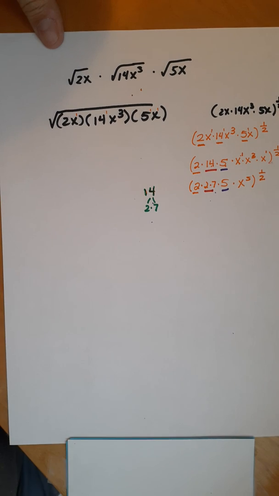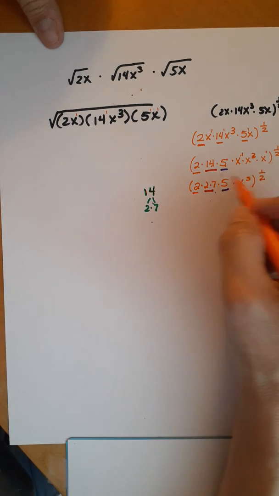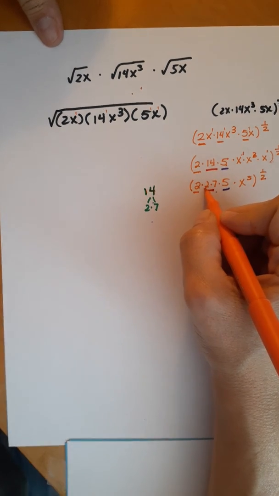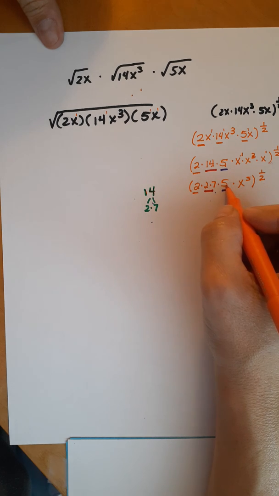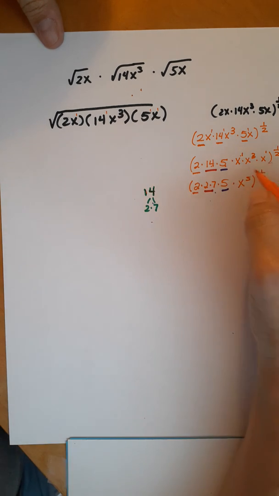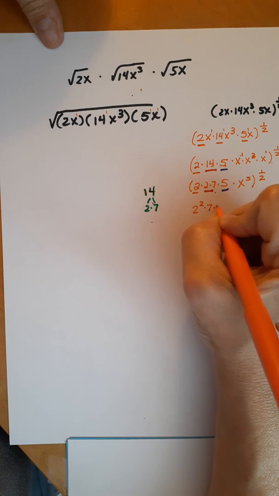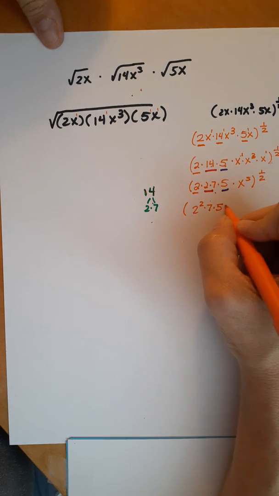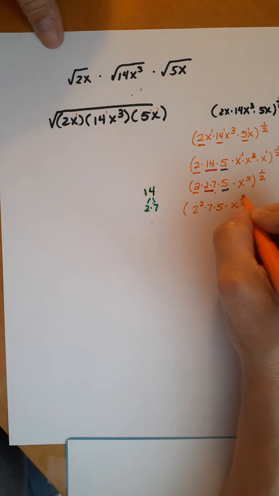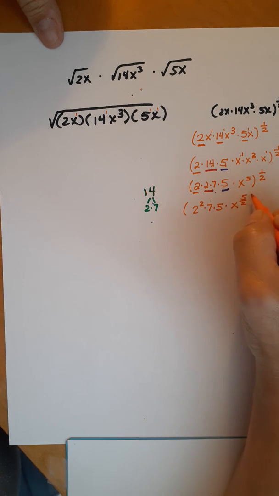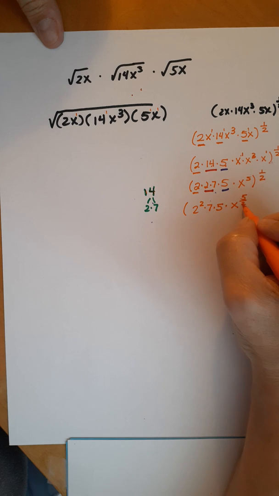All right, do I have any numbers? I have 2 squared, and then I have 35. So I have 2 squared times 7 times 5, times x to the 5th, all to the 1/2. Sorry, I'm not quite there yet.